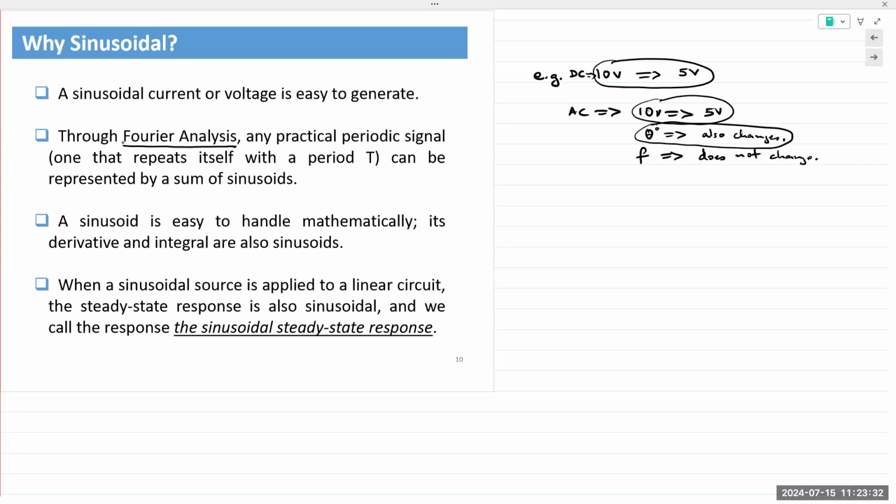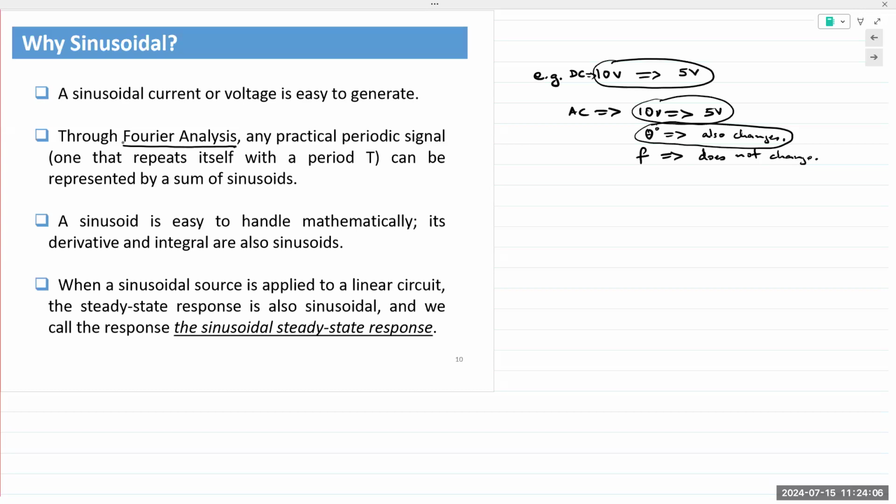If you apply a voltage to an inductor, VL is L di over dt, the derivative of the current. If the current is sine x, what is the derivative of sine x? Cosine. What is the derivative of cosine? Sine, right? So the derivative and integral of a sinusoidal waveform is also a sinusoidal, and so it makes it easier for us.